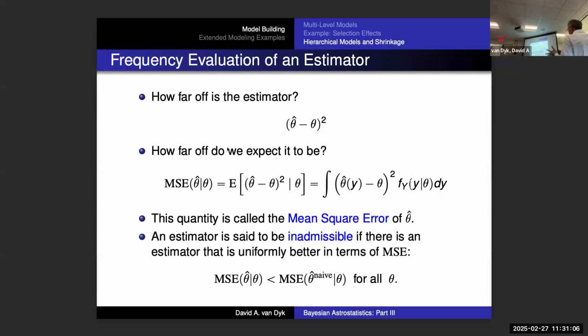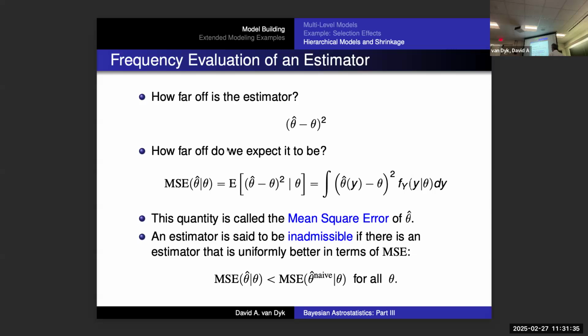And it turns out there's a definition. An estimator is said to be inadmissible if there is another estimator that's always better. Notice the mean squared error can depend on the truth. I'll give you an example in a moment where, depending on the true value of the parameter, you'll get a different mean squared error. But if you can say that for any value of the parameter, I have an estimator that's going to give me a lower mean squared error, well, I should use that one.